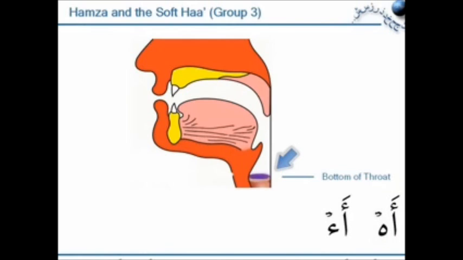So not too heavy, you've got no air actually coming right up through the front of the mouth. It's from the bottom of the throat only. And then for the hamza, it's simply a. Remember, the hamza acts as the glottal stop in Arabic, and you should feel a slight blocking of the bottom of your throat.